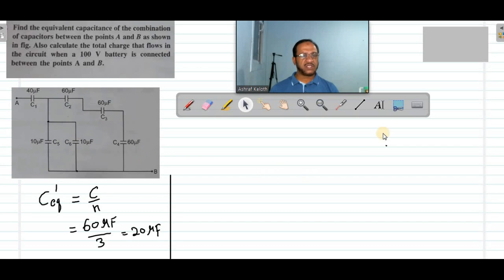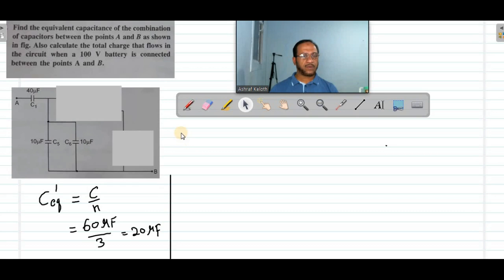So we can redraw this diagram. I am masking this one, this also I am masking. Now those three capacitors are gone. Instead of that, I am drawing a single capacitor which is parallel to C5 and C6. That is the equivalent capacitance, the 20 microfarad capacitor, CEQ dash. So you can redraw the diagram in your notebook like this.